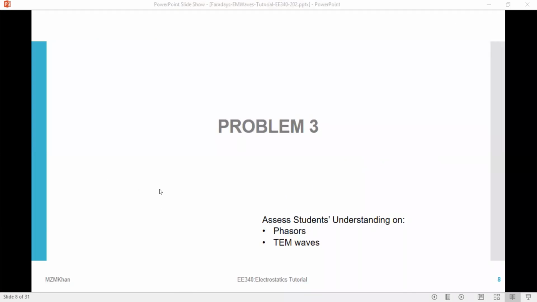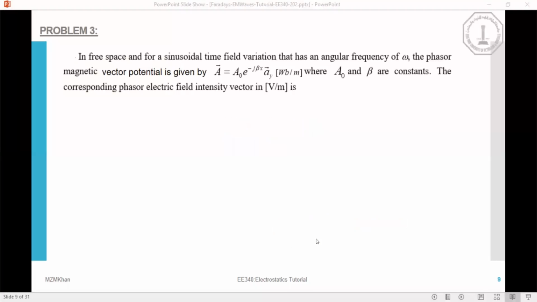In problem 3, we are testing the students' understanding of phasors and the TEM wave. So what is the question? The question is saying that in free space, for a sinusoidal time field variation with angular frequency omega, the phasor magnetic vector potential is given by this.